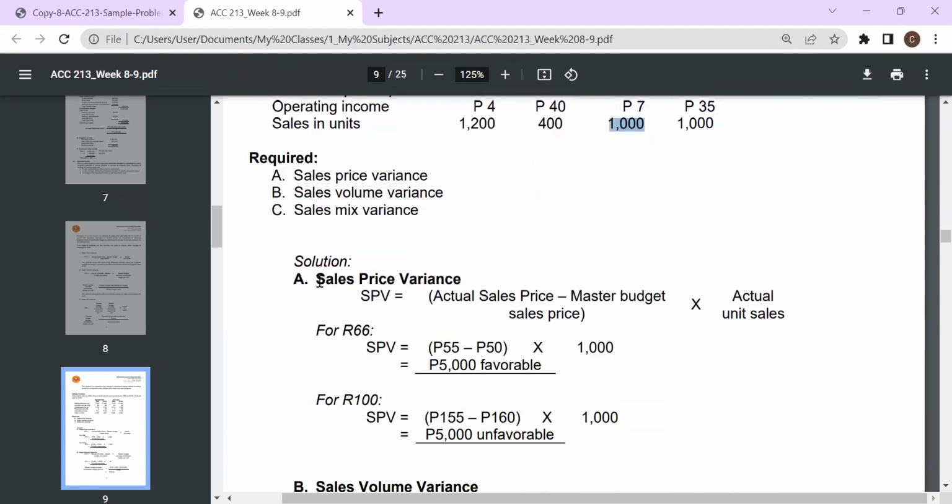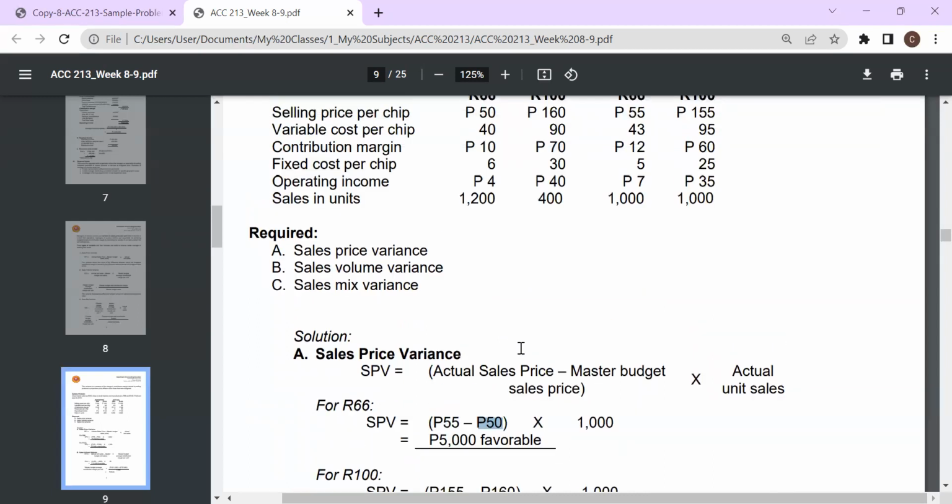So this is the computation. For R66, we again have 55 minus 50. This 55 is actual, 50 is budgeted, based on our table or matrix. And then we have 1,000 actual units sold.